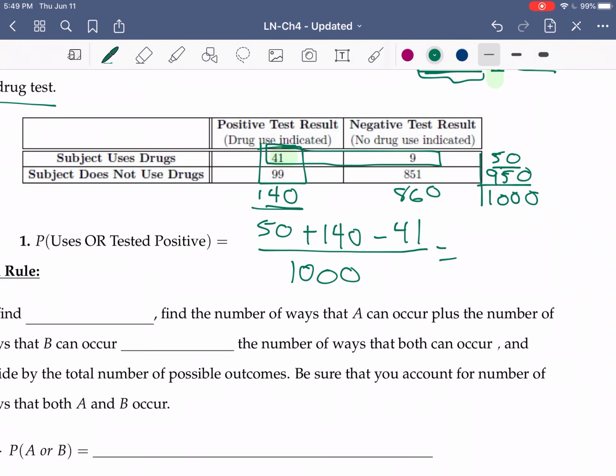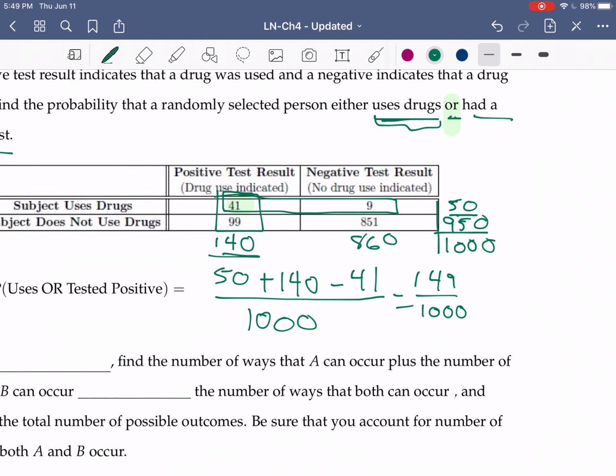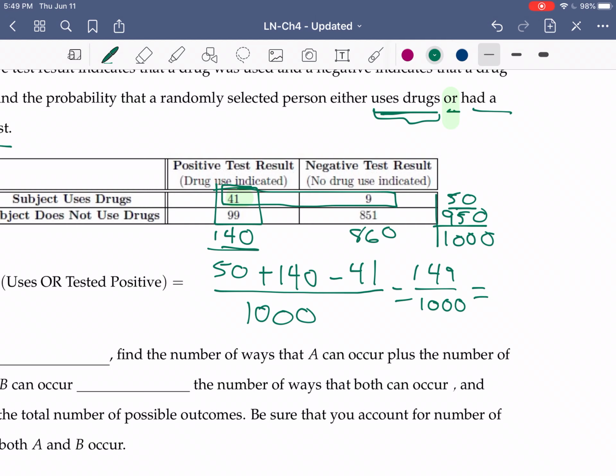So when we add these things together, we get 149 over 1,000, which as a decimal would be 0.149, or as a percent, 14.9%.